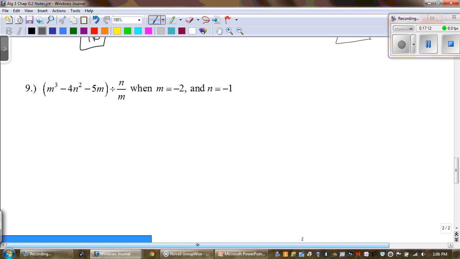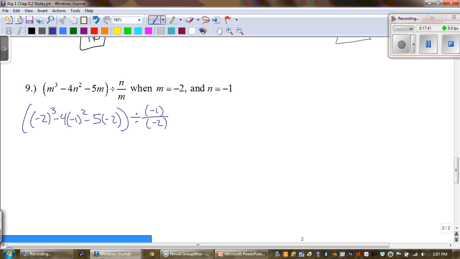All right, number 9. m cubed, m is -2 to the third power, minus 4(-1)^2, minus 5m, with m being -2, all divided by -1 over -2.